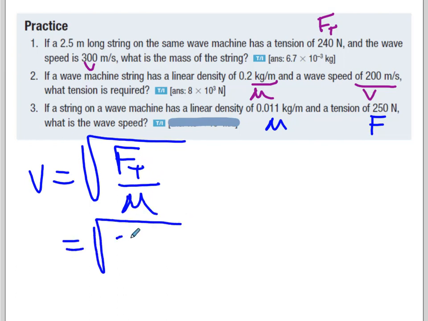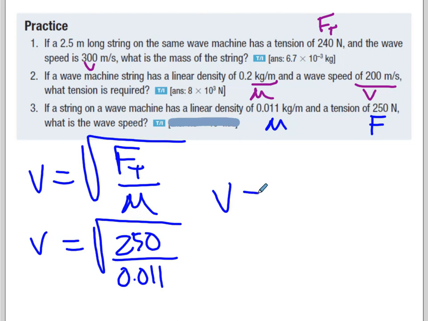And because we have everything on the right hand side, this should be fairly straightforward to come up with v. So 250 divided by 0.011, and then take the square root, and velocity should be 151 meters per second, and they have 1.5 times 10 to the 2, same difference.